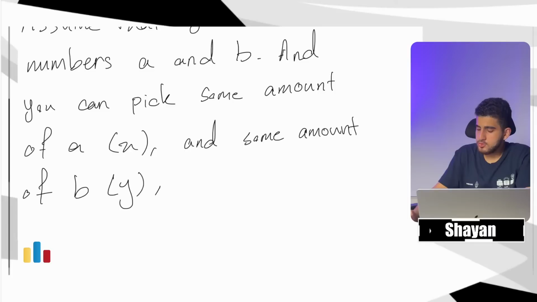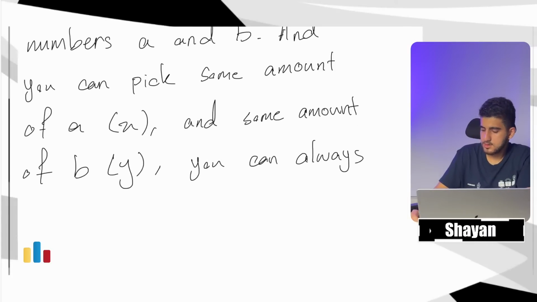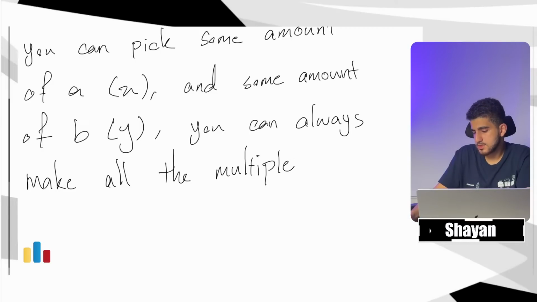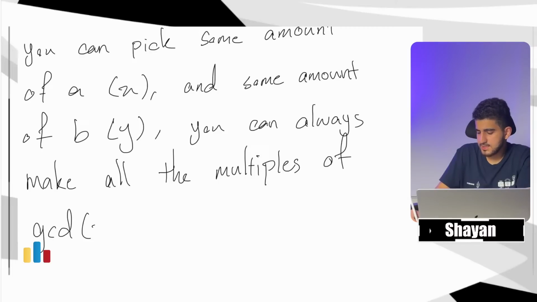If you do this, you can always make all the multiples of the GCD of a and b.